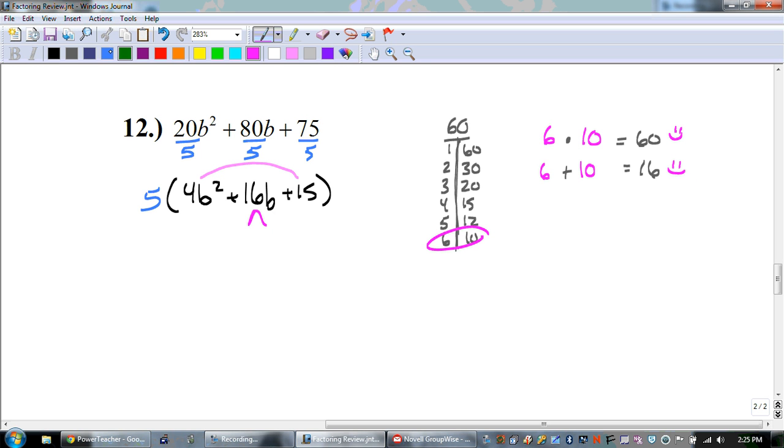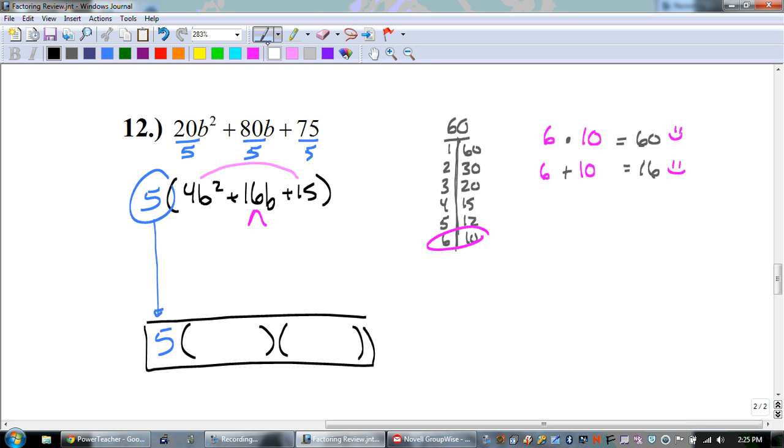Okay, so as I'm getting ready to split the middle term, I'm going to come down here and put 5 in my final answer so I don't forget. And here we get 4b squared plus 6b plus 10b plus 15. Okay, what's the GCF of the first group?